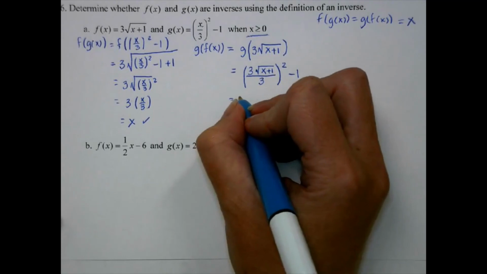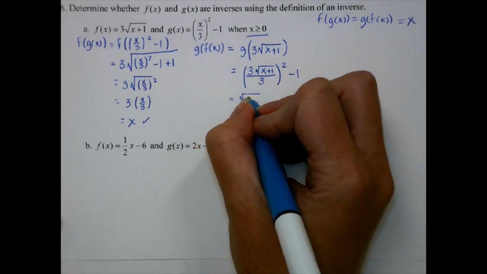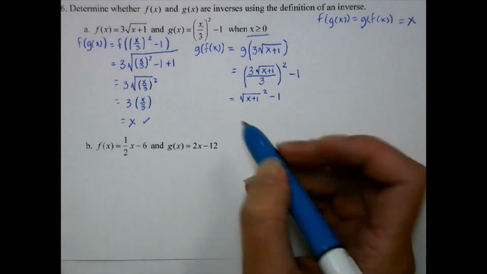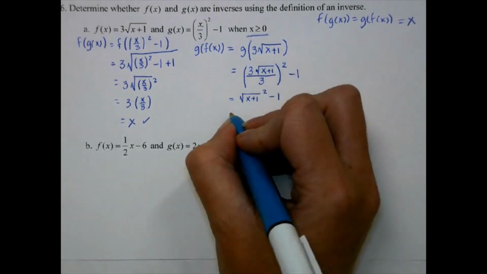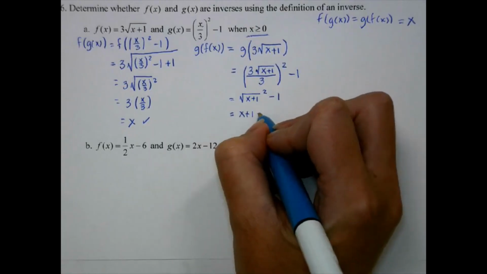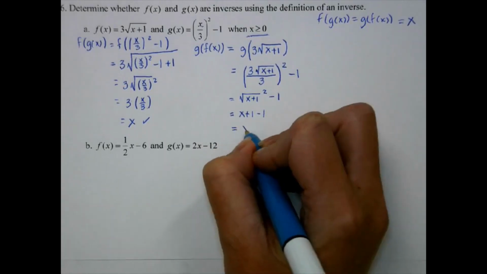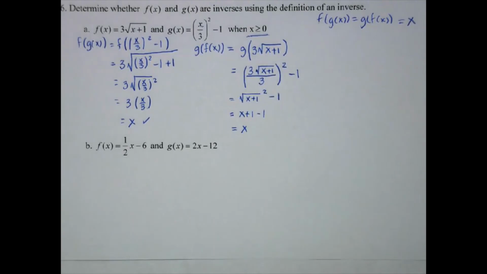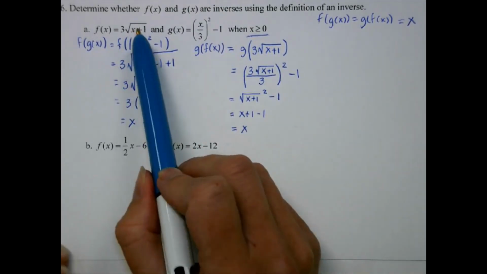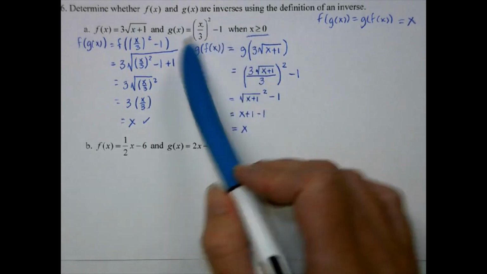So we have the square root of x plus 1 squared minus 1. So the square root and the square will again cancel. When we get x. Again, when we have this restriction, when x is greater than 0, these will be inverses, because this would only be half of the parabola, if you think about it like that.